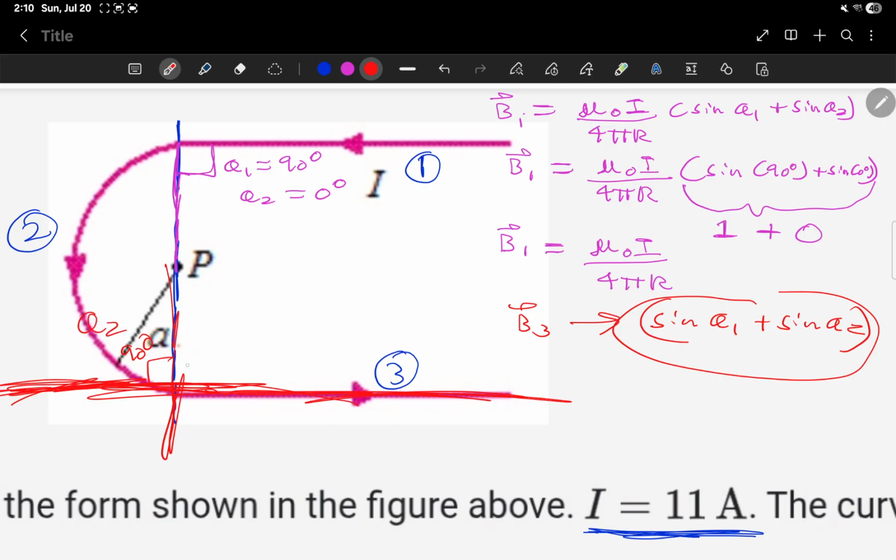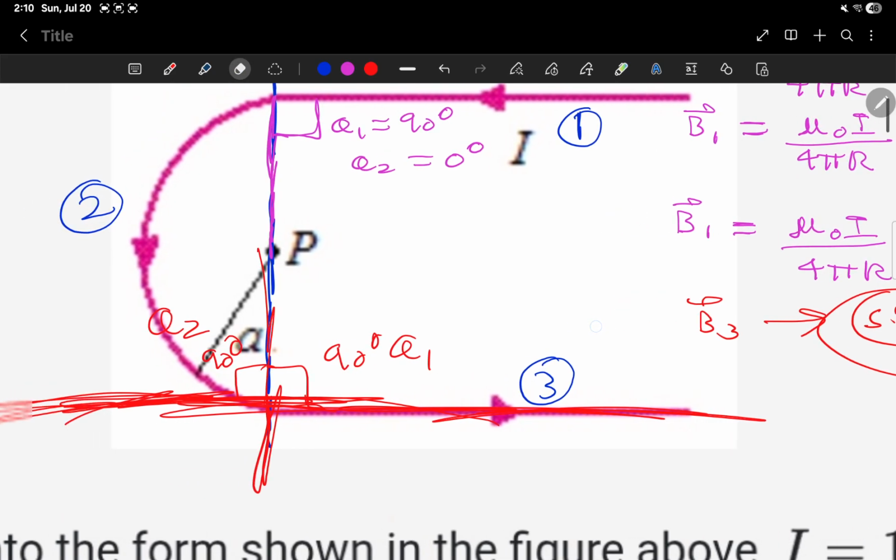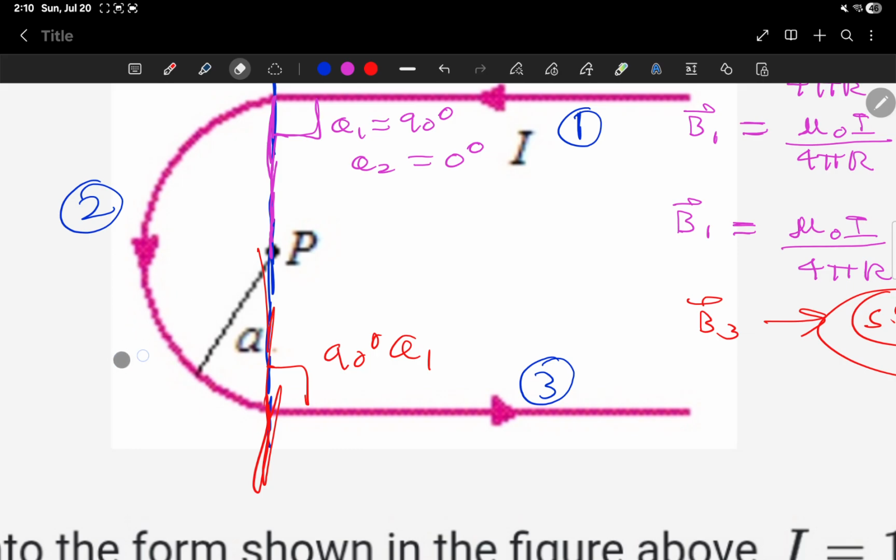Theta 2. And the angle here is already 90 degrees regardless. Theta 1. So theta 1 for this segment of wire here is still 90 degrees. But theta 2, this guy here, is 0 degrees, as I explained earlier, because we've bent the wire into an arc.